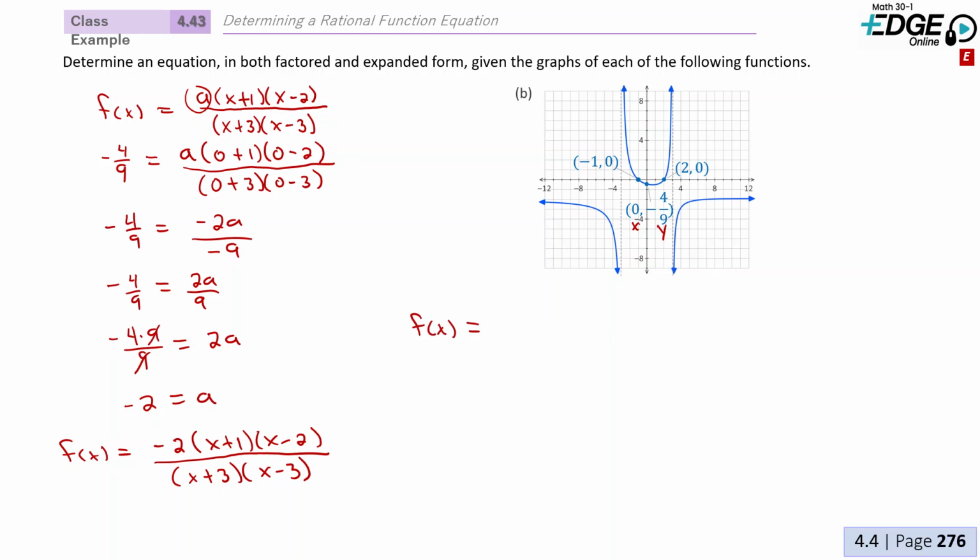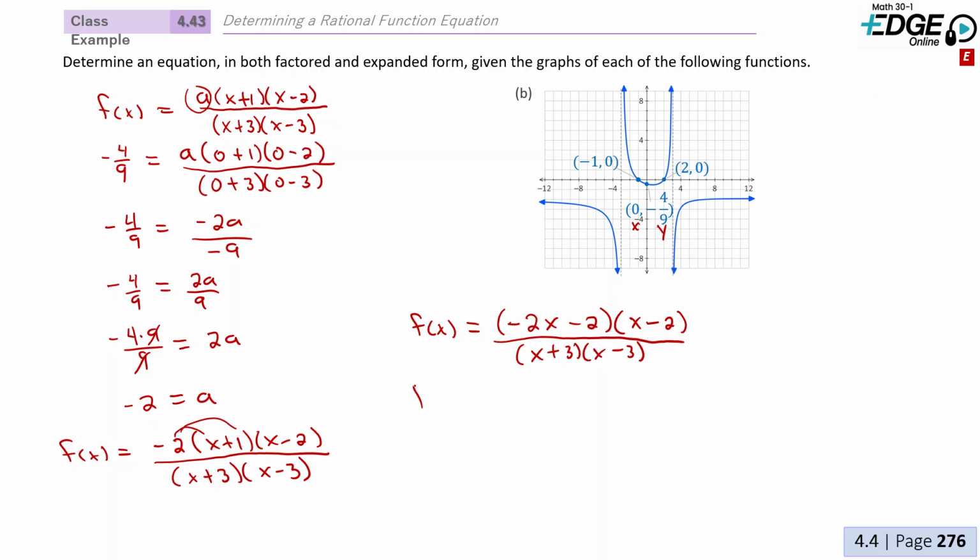Just one step at a time here, I'm going to expand this negative 2 into the first factor. This would become negative 2x minus 2, and then put that back in brackets. We still have to multiply that by x minus 2, over x plus 3, x minus 3, and I'll expand everything on the next step.